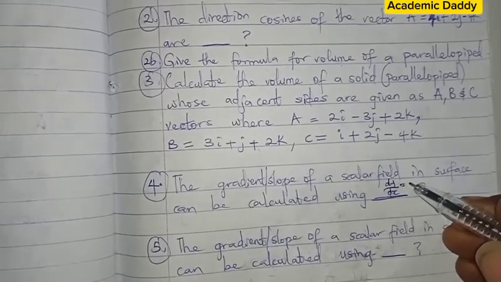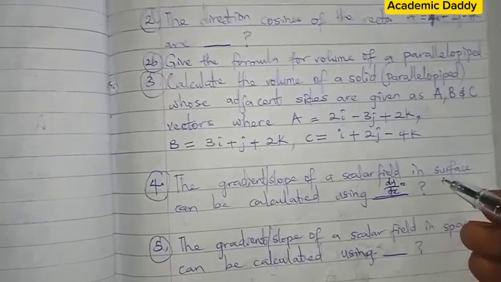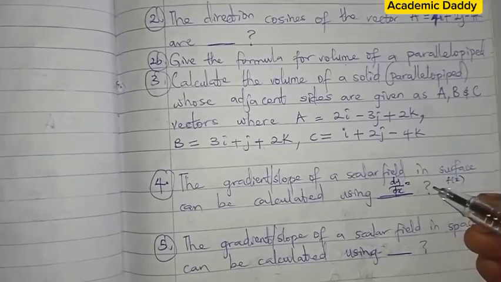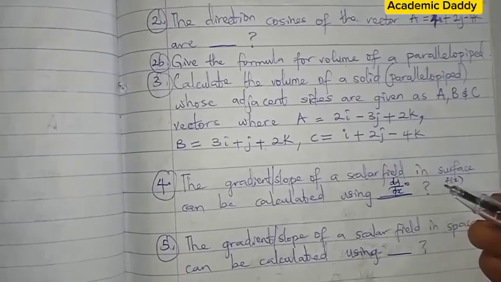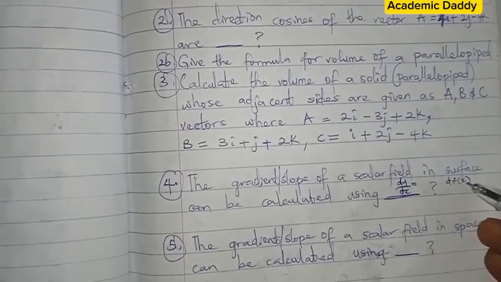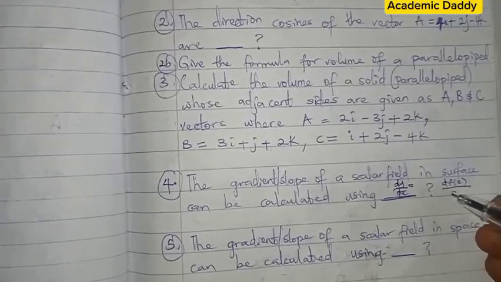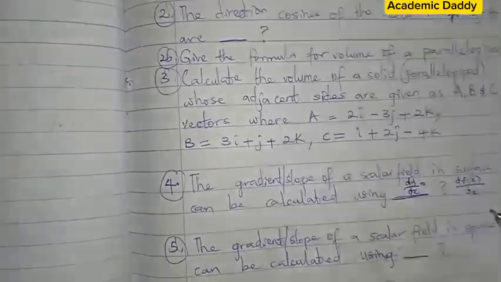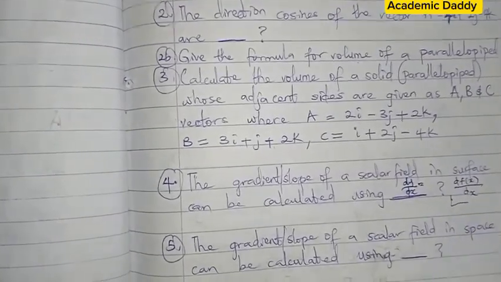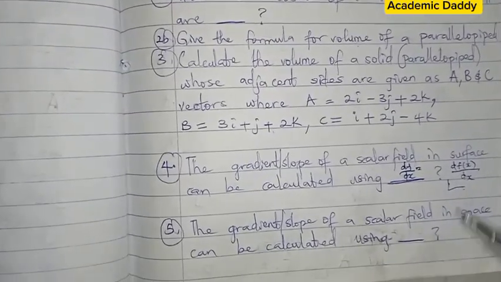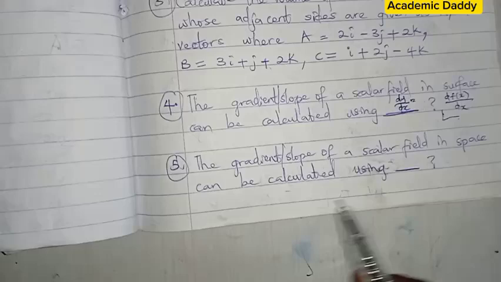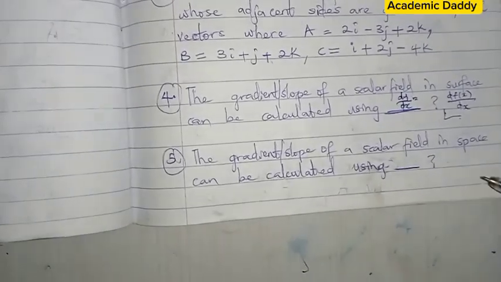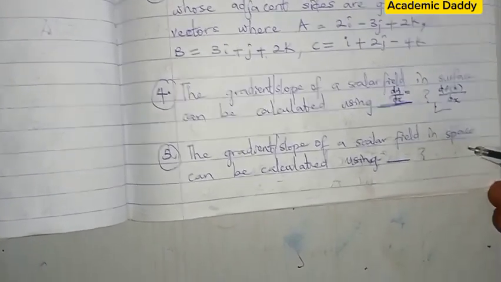And you know that another name for y is f of x. So if I'm doing y to be f of x, I can put change in f of x all over change in x. When it's just vertical and horizontal, that is what we mean by surface, x and y, i and j. But when they now start telling you about space, it's now three things. It's now something like this.